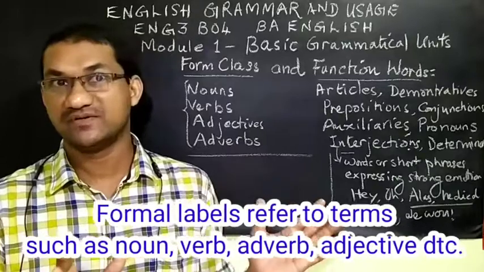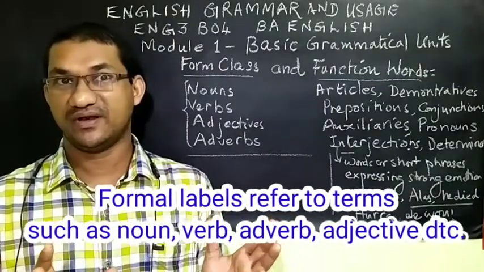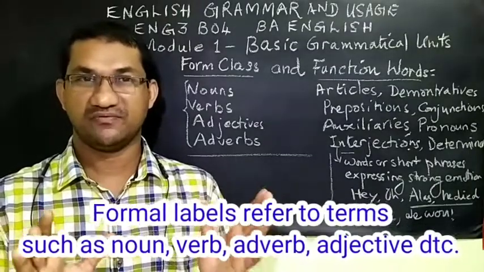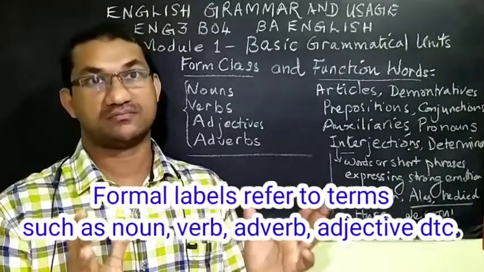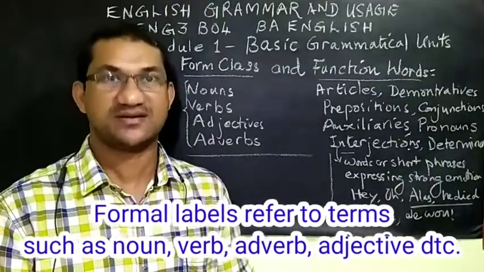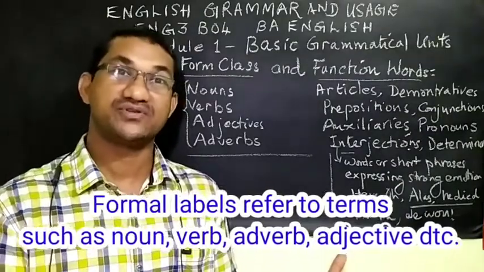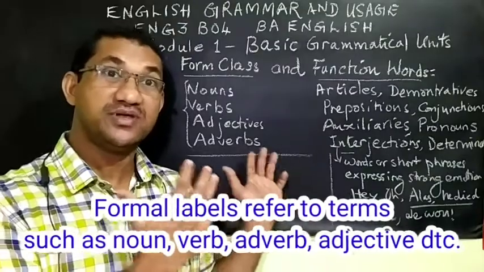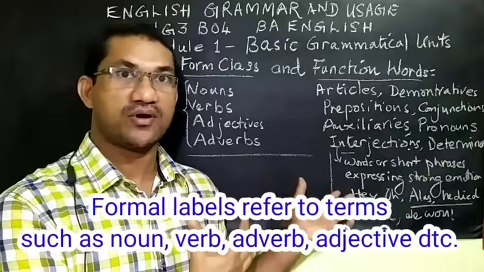So label refers to the very category or the very name, or rather the very group or type of word. We say a noun, a pronoun, etc. So label refers to what in fact a particular vocabulary item is: verb, adverb, adjective, noun, pronoun.